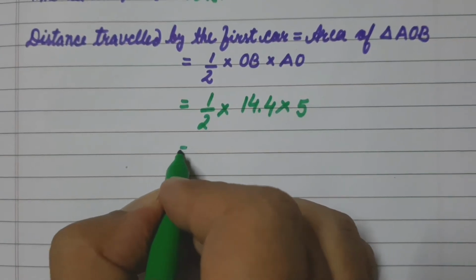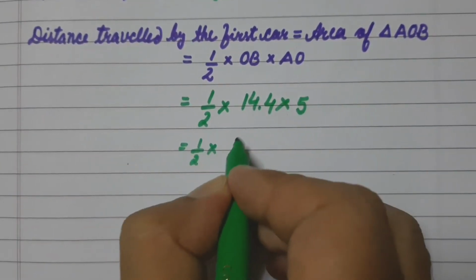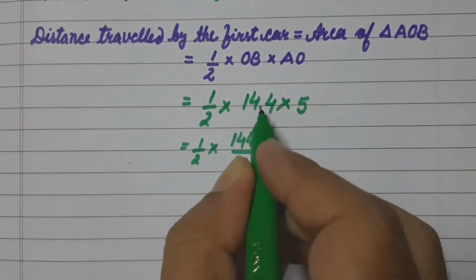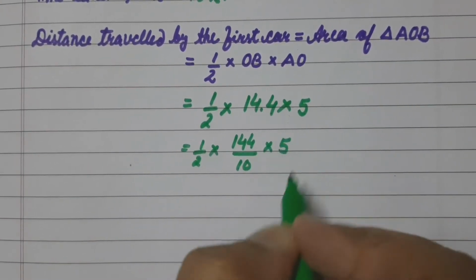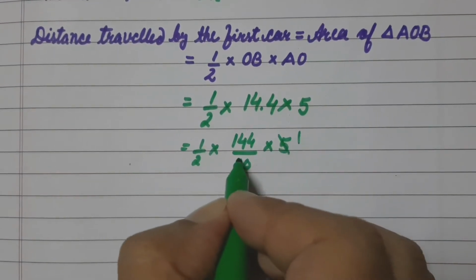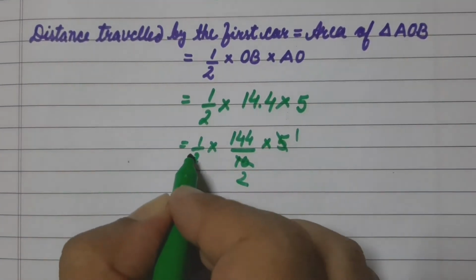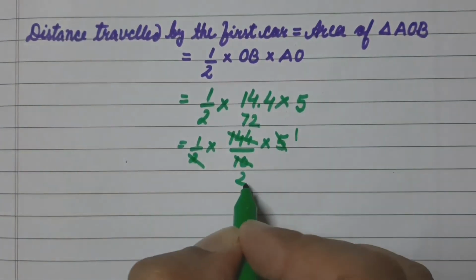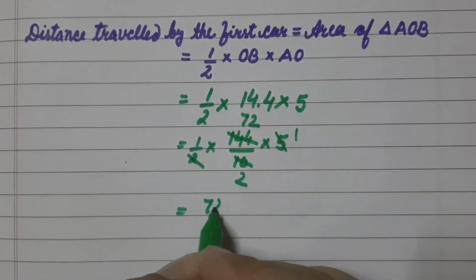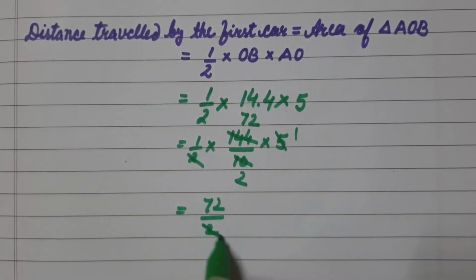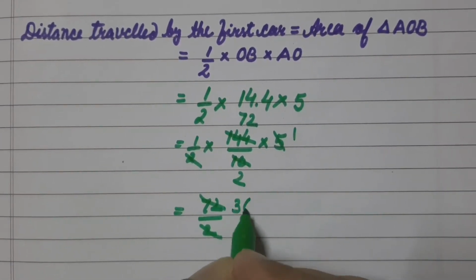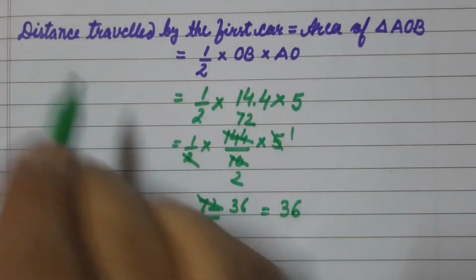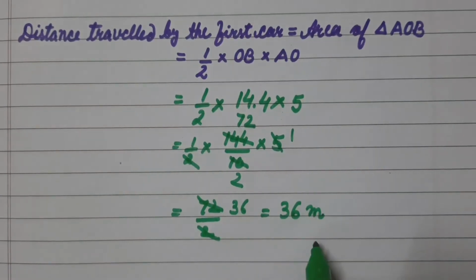It can be written as 1 upon 2, 144 upon 10 if we remove this decimal, and 5. It will become 72 upon 2, which is 36. We have calculated distance, that's why the unit must be meters.